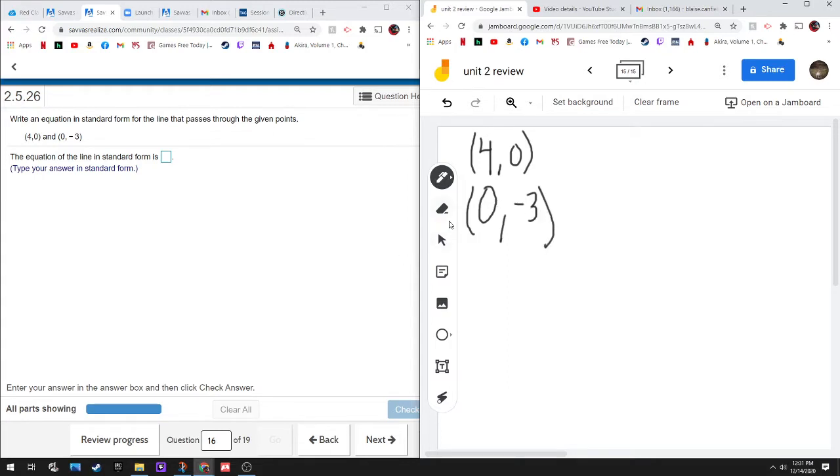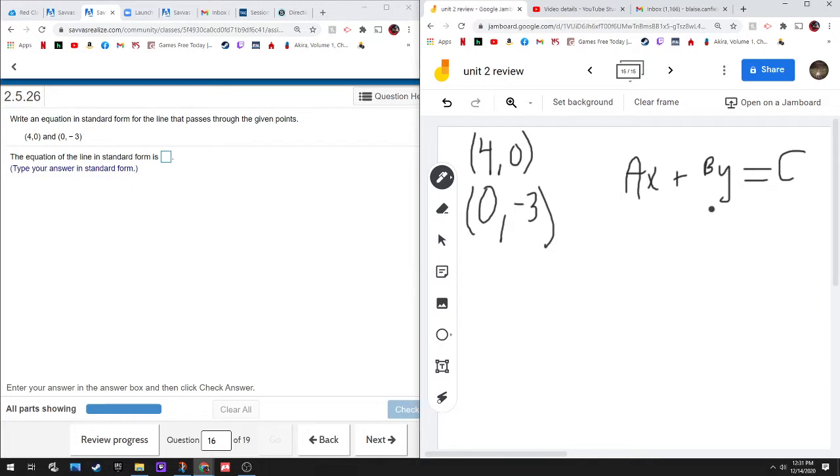So it's asking for a standard form line, right? So this one actually is going to be one of our ax plus by equals c equations.